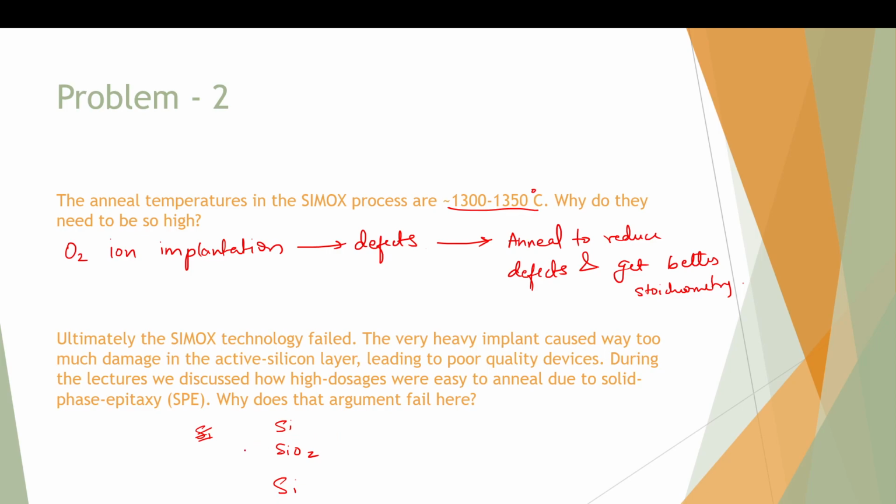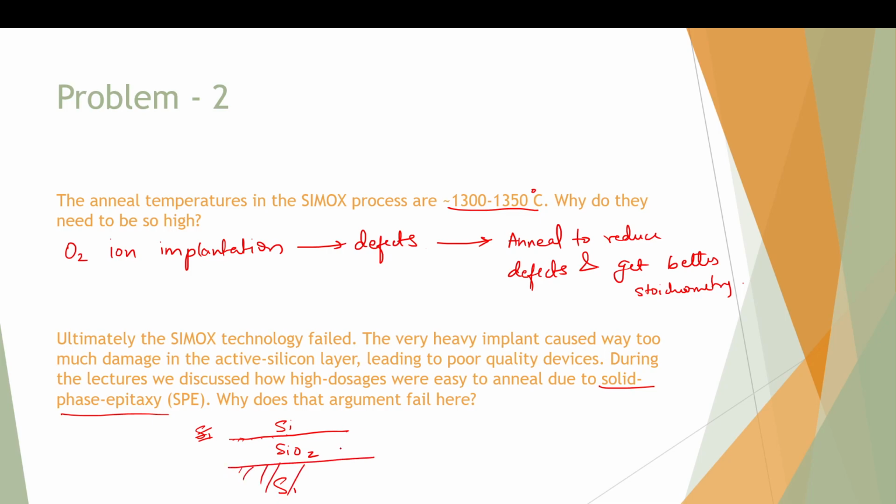Since the silicon dioxide is amorphous, the top layer silicon is seeing amorphous silicon dioxide as the substrate. So it doesn't have any crystalline substrate to align its atoms to. Because of that, the argument fails here, because the main requirement for solid phase epitaxy is that the substrate is crystalline. Here the bottom silicon is crystalline.